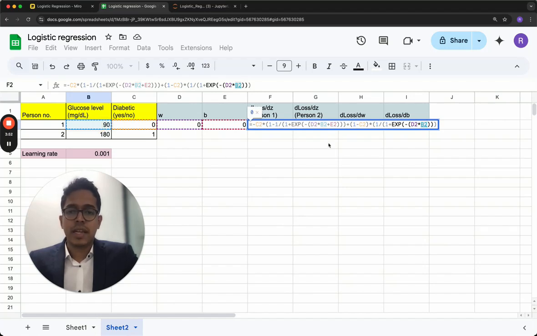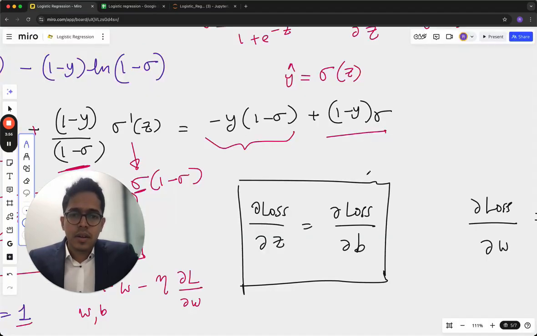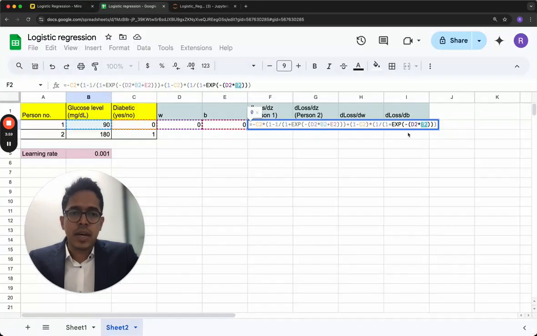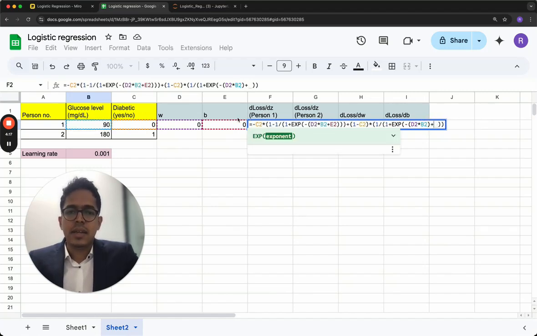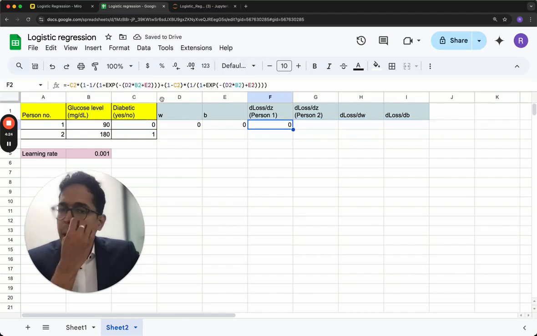Oh no, so this is for second person. So okay, let me. No, this is still for the first person. So 1 minus y times 1 by 1 plus exponent of minus w, which is D2, times x is this guy B2, plus b. B is this guy.